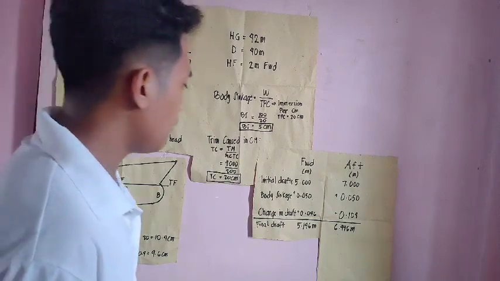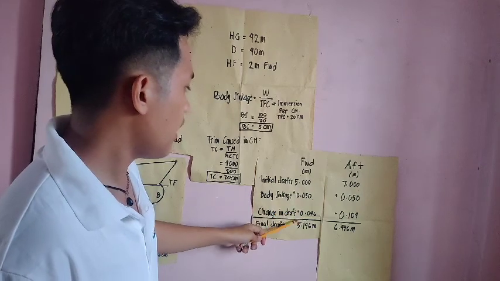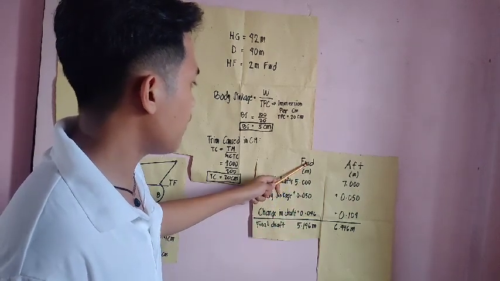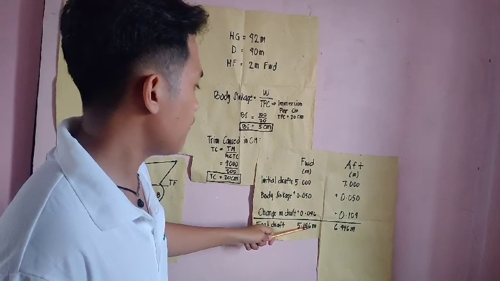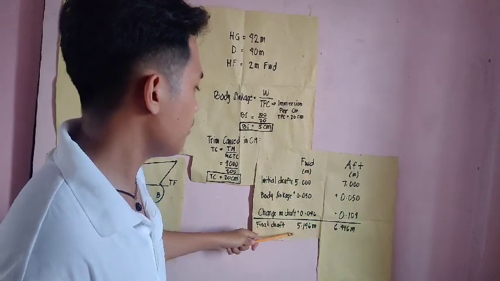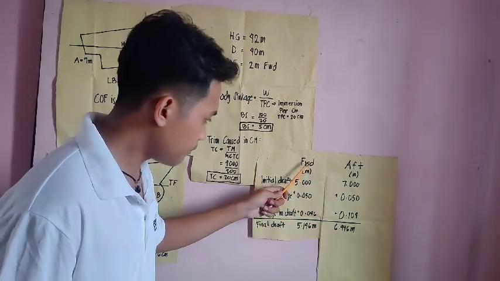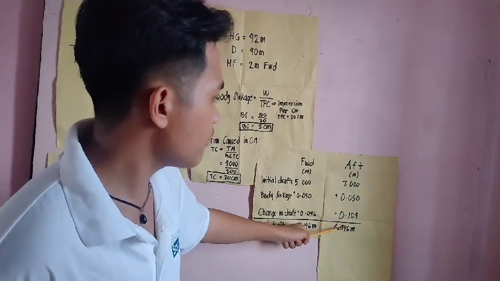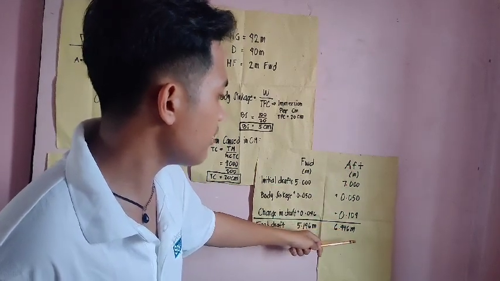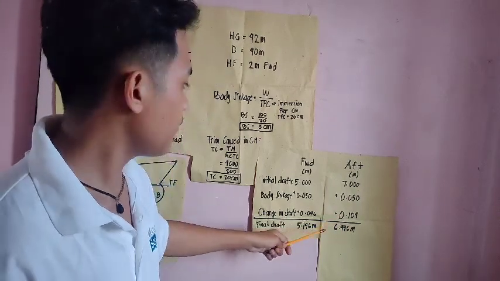So we just add all of this and we'll get the final forward draft of 5.146 meters. So this is our final draft for the forward draft. Our final draft in aft draft is 6.946 meters.